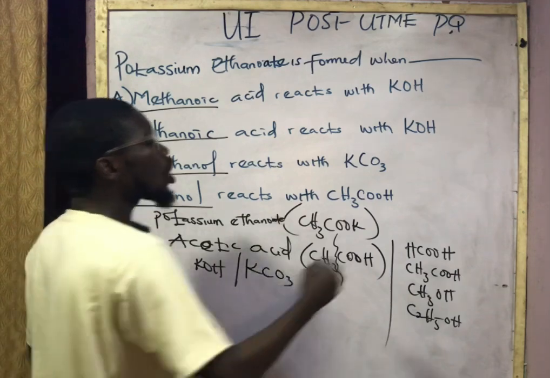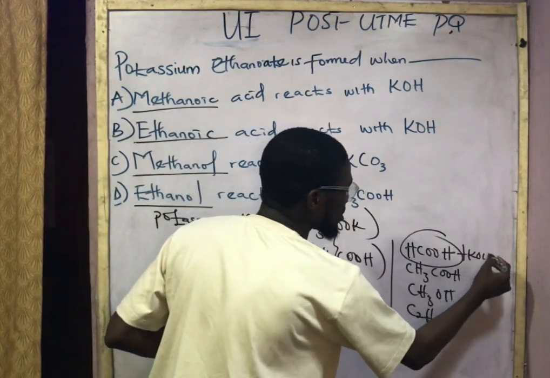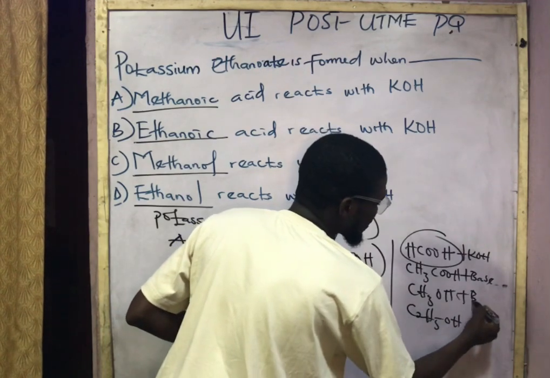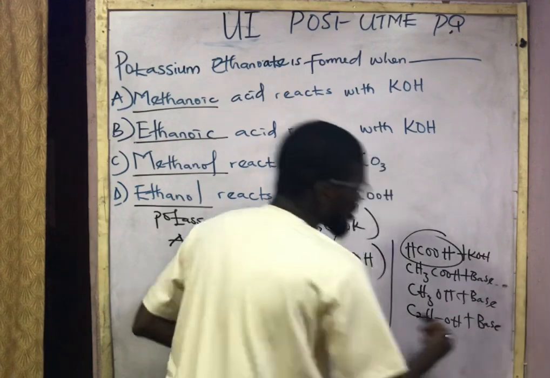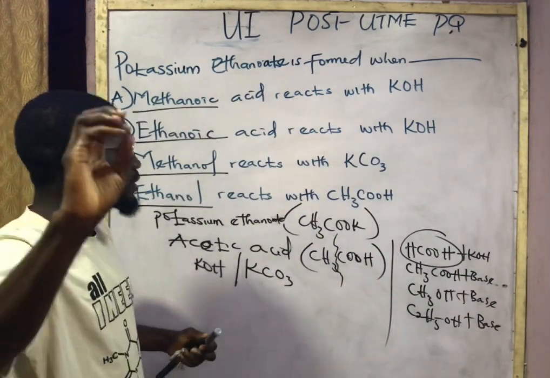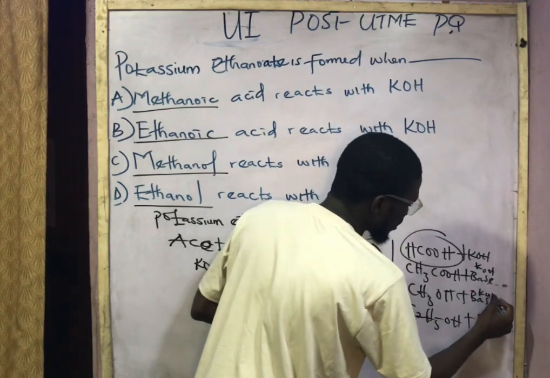So now, among all these, if each is reacting with a base, how do we have potassium ethanoate? Let's pick that base to be KOH, potassium hydroxide.